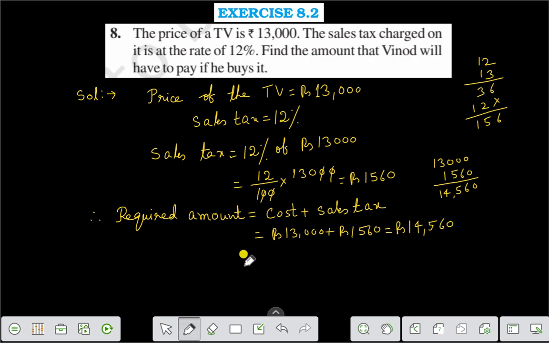The question is, find the amount that Vinod will have to pay if he buys it.